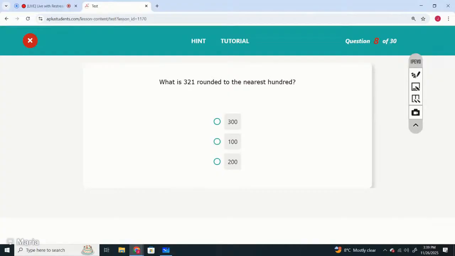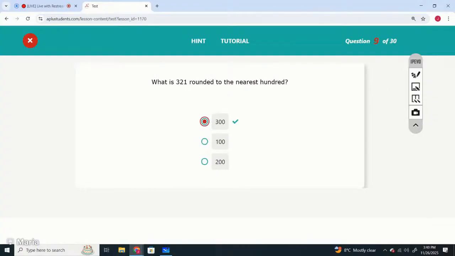What is 321 rounded to the nearest 100? So which is the correct option? Three hundred 21 is rounded to 300.